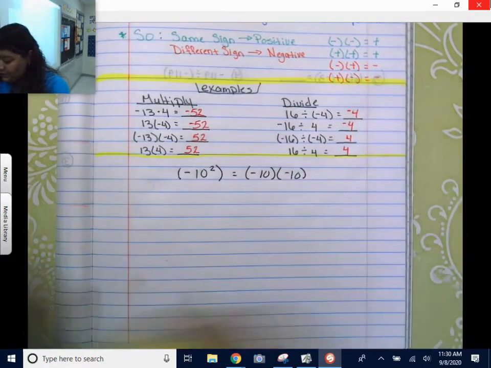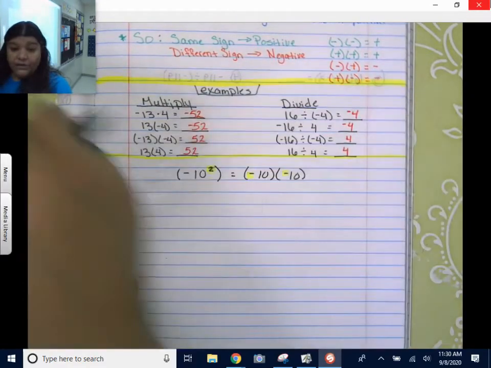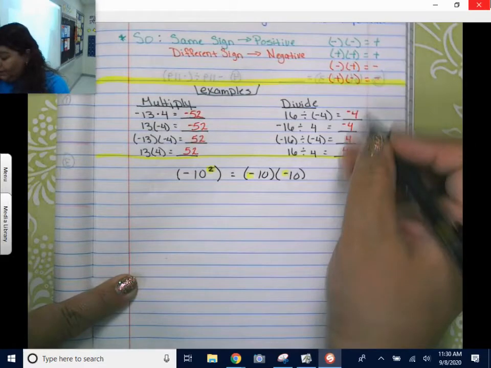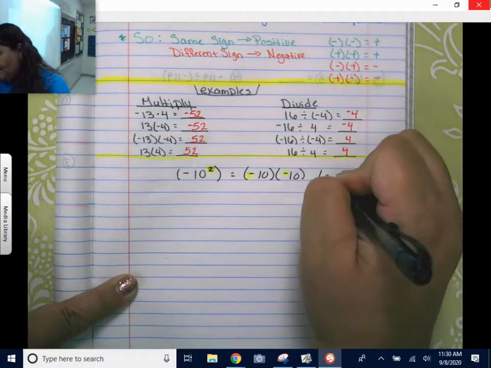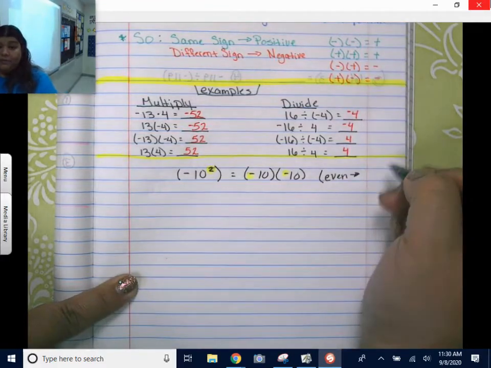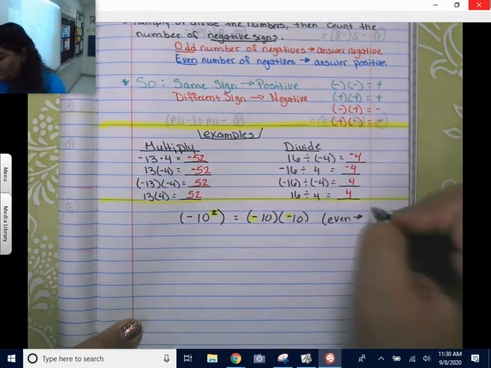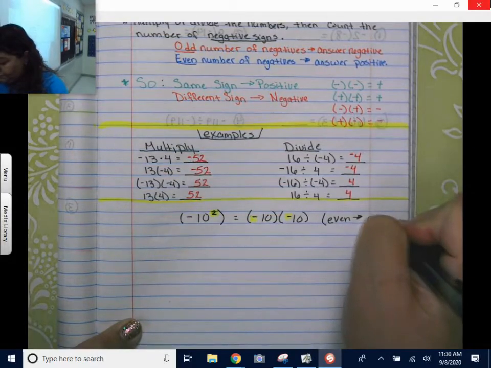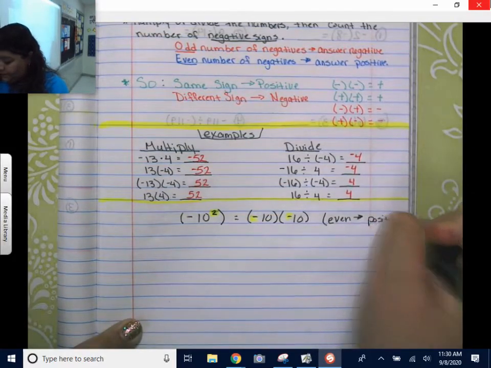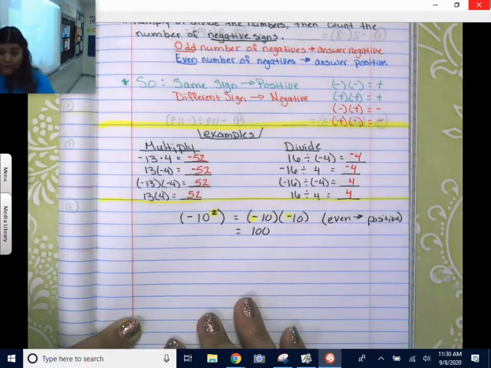Now, if you take a look at your exponent, this tells me I have two negatives. So that means I have an even number of negatives. And you remember what I told you an even number of negatives means? The answer is going to be positive. So this will give you a positive 100.